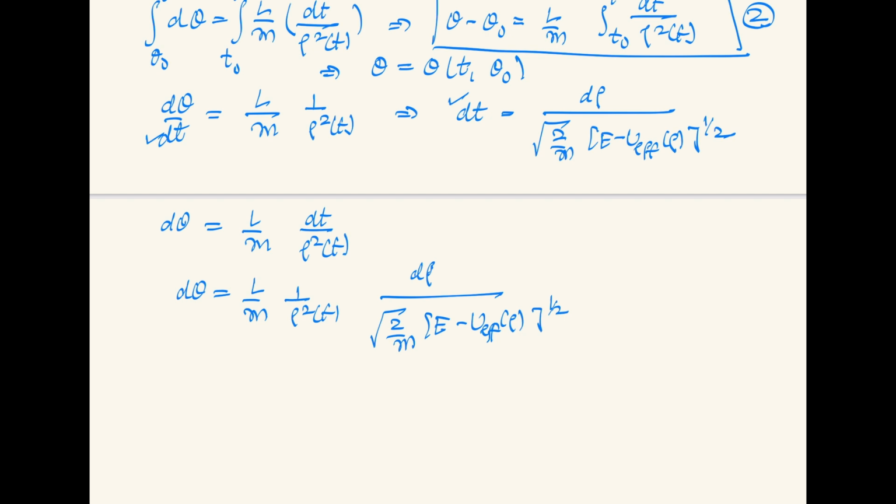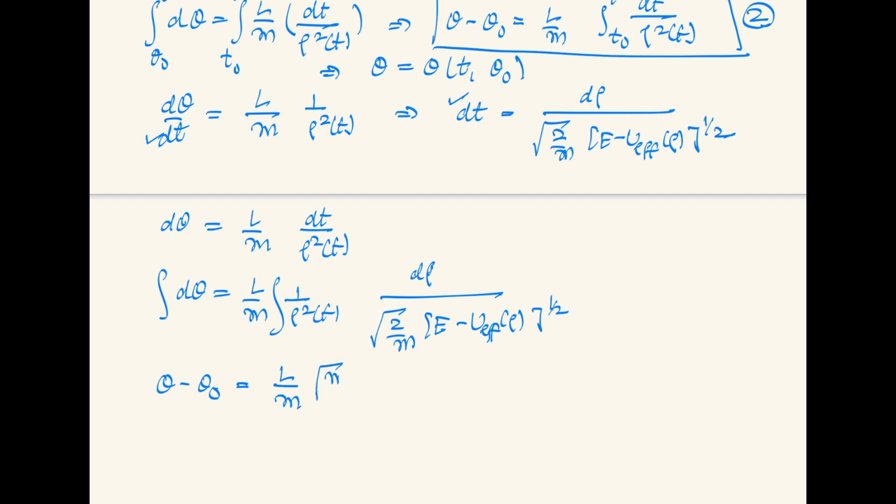Integrate both sides. So I am going to get an integral here and an integral here. Mind you, rho squared has to be included in this integral. So I am going to be left with theta minus theta naught is equal to L by m, and I can take this fellow outside.